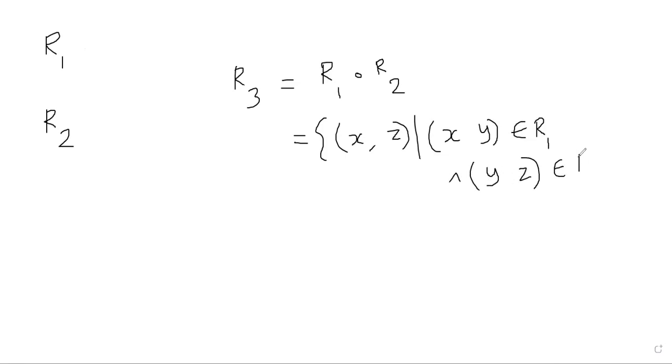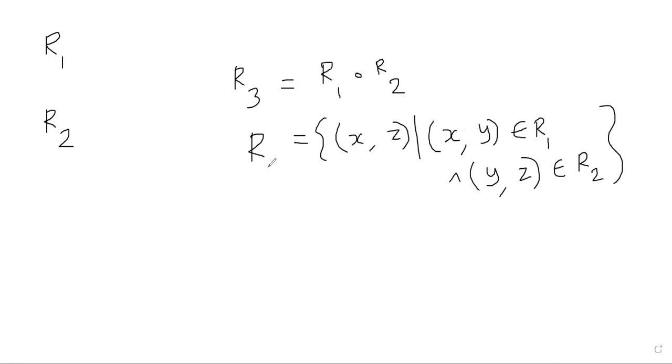Then we basically ignore the y and take x and z and put them into this pair. This is how you formalize it in mathematics. R3 contains all pairs (x, z) such that there exists y such that (x, y) is in R1 and (y, z) is in R2. Then you have your composition.